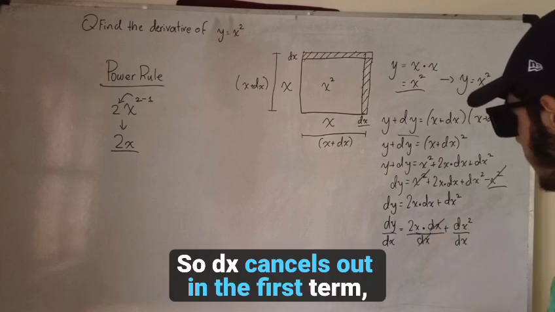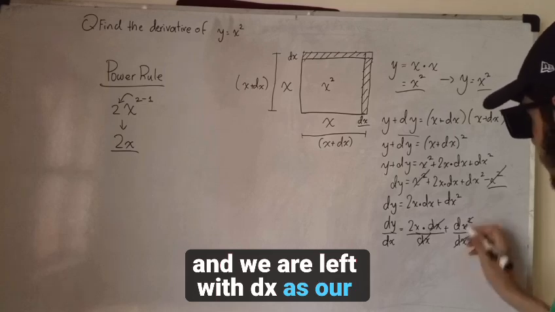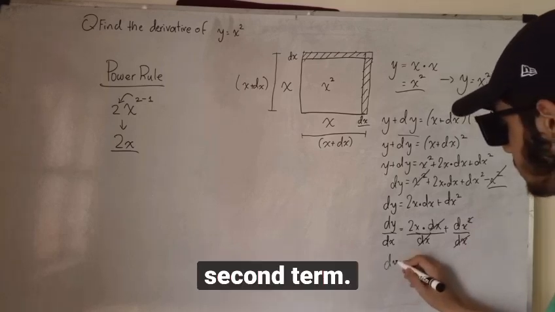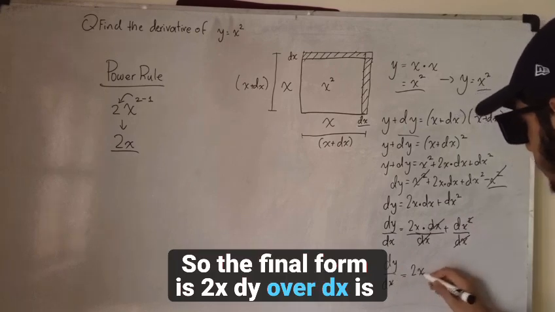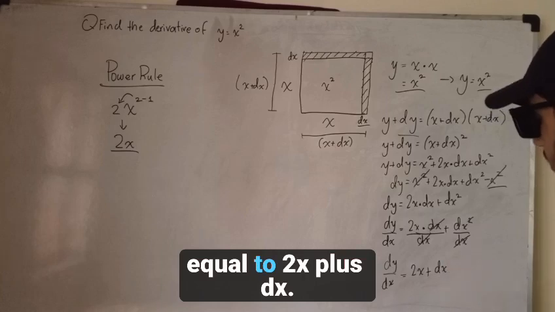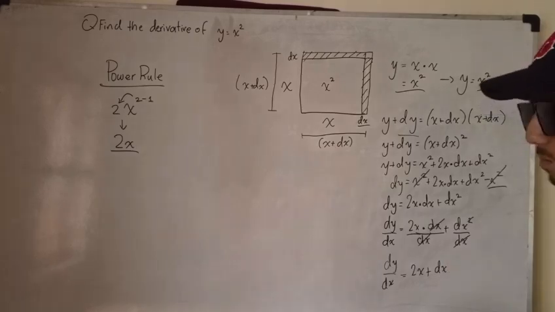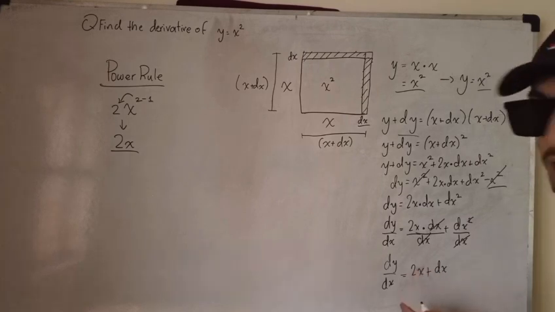So dx cancels out in the first term, and we are left with dx as our second term. So dy over dx is equal to 2x plus dx. But this is not the final differentiated form. This is not the derivative.